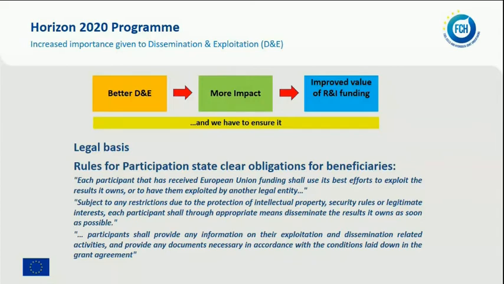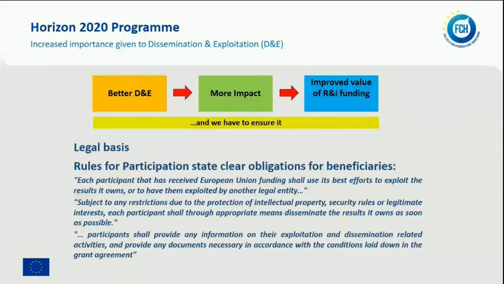You will see a lot of guidelines coming on the funding and tendering portal. You will see a lot of guides of what means dissemination, what means exploitation, what means communication. We're dealing with three different types of activities.